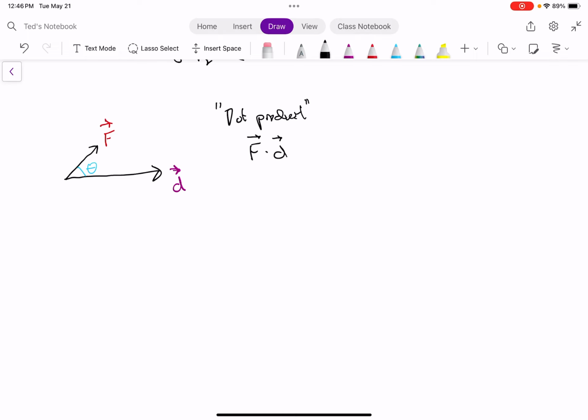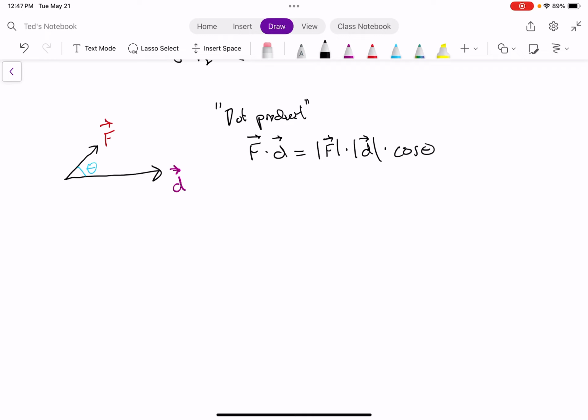And the dot product mathematically is equal to the length of the vector f times the length of the vector d times the cosine of the angle, and this angle is the angle between the f vector and the d vector. So it's not the angle for the f vector, it's not the angle for the d vector, it's the angle between the 2 vectors.